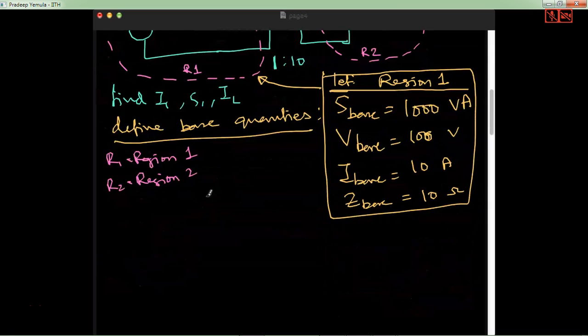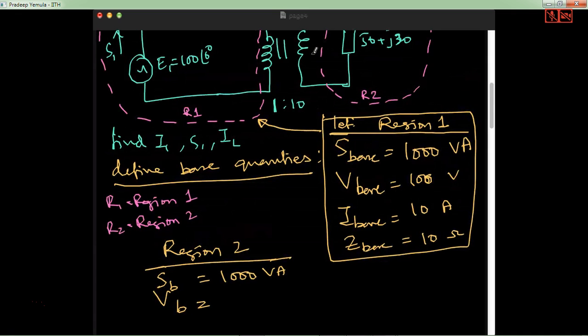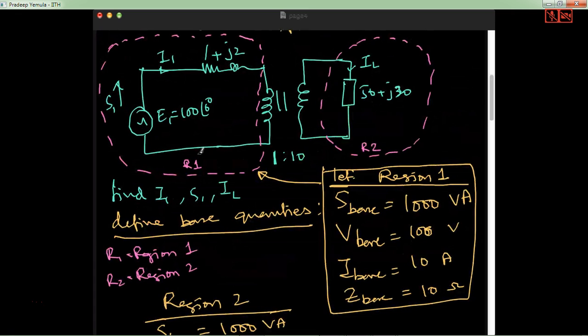For region 2, what happens? The S base should remain the same. That is the rule. Throughout the system, the S base should remain the same. Now what is the V base? Because there is a transformer here, 1 is to 10, the V base of the first region and the V base of the second region should maintain the same ratio.